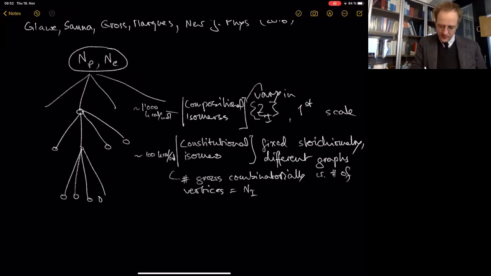And for any such molecular graph, you can then consider all the conformational isomers.